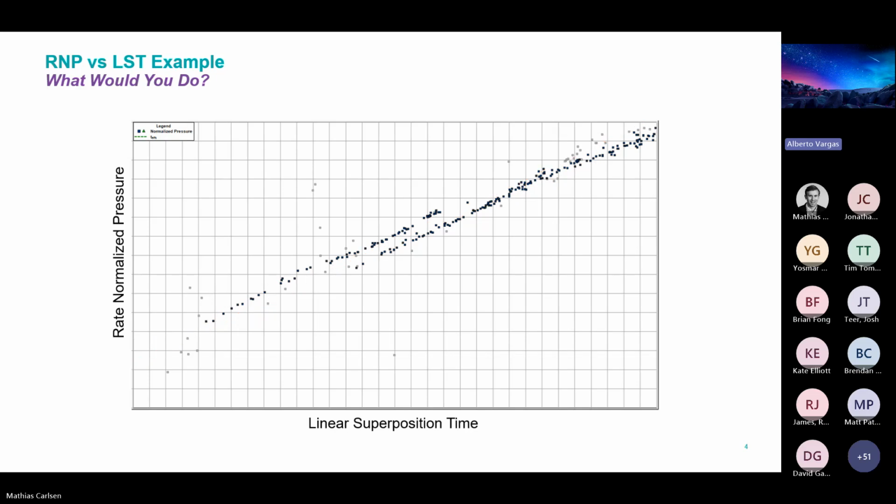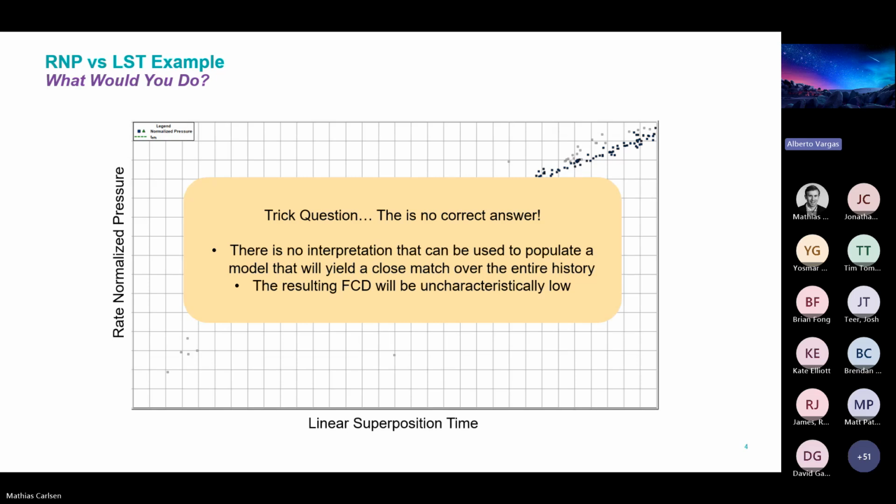But really, this is kind of a trick question, and there's no real interpretation to this that can be used to populate a model that will give you a good match over the entire production history. And in addition, we'll see that the FCD is quite low, and it results in some erratic behavior later on.